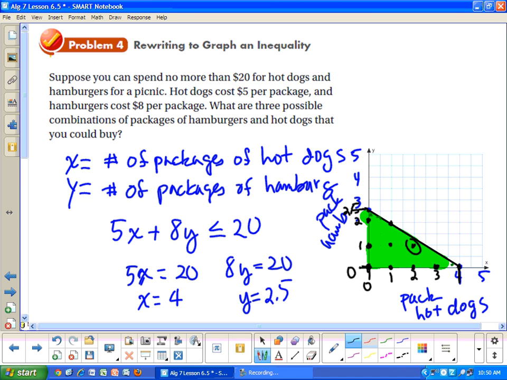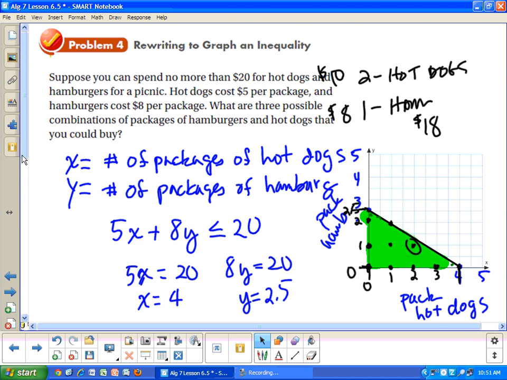We could have 2 packages of hot dogs and 1 package of hamburgers. And that would be 2 times 5 is 10 for those hot dogs, and 8 for those hamburgers, and that's a total of $18, which of course is less than $20.